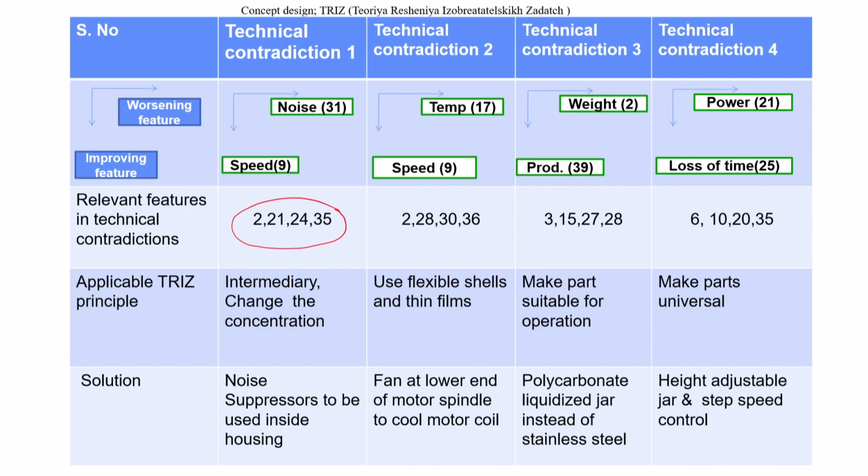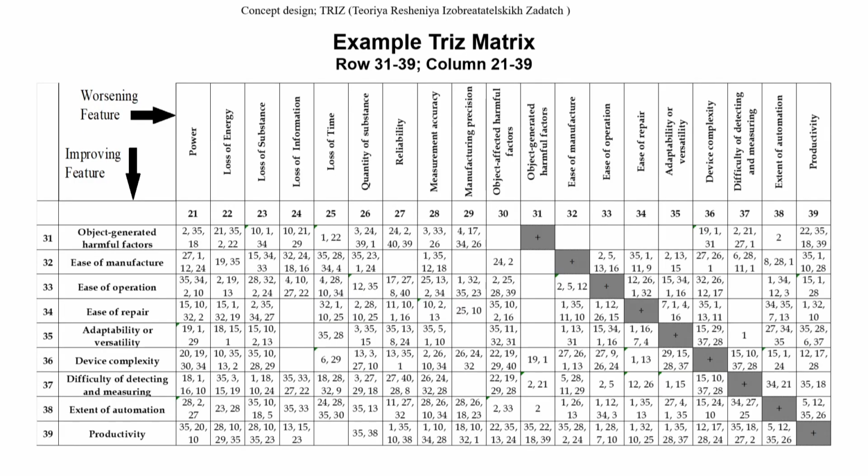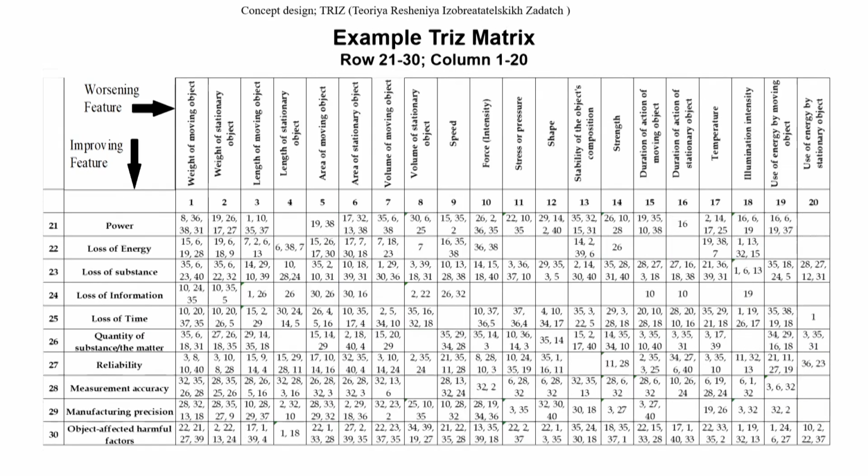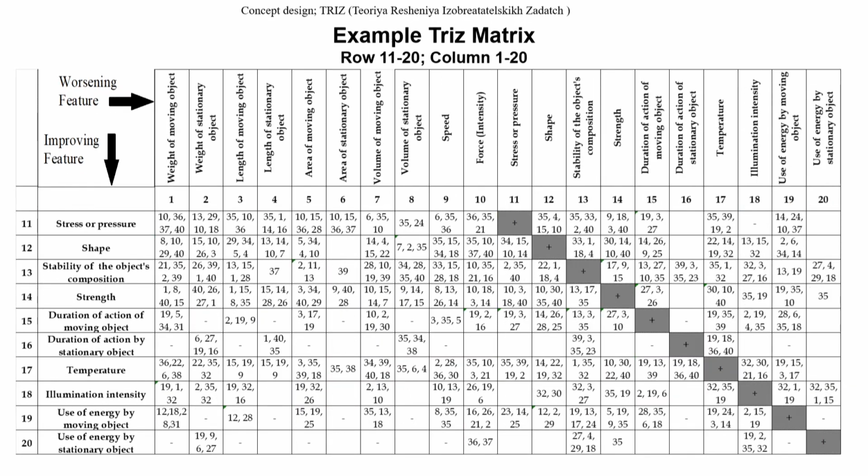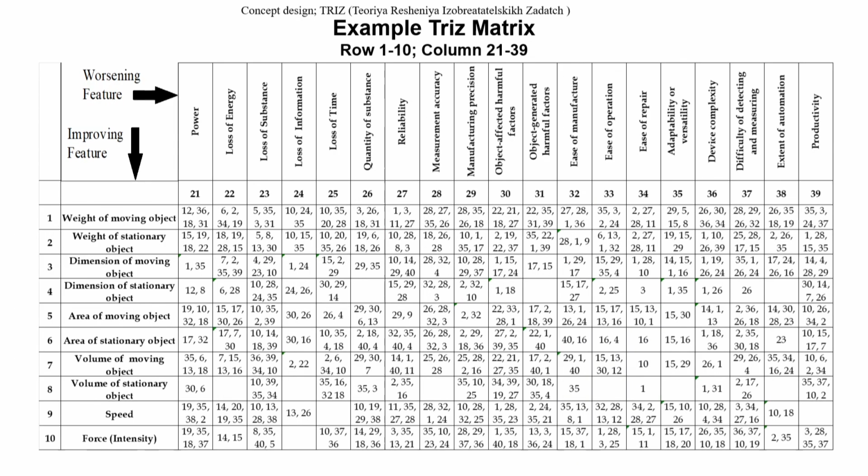Okay. Some of them we can check also. So, let us go to 31 versus 9. Improving feature is 9, so I am just going back a little bit, improving feature has to be 9. So, let us bring 9 as the improving feature. This is speed, 9 as the improving feature, and the worsening feature was number 31. That was right. So, that is why it was 2, 24, 35, 21.